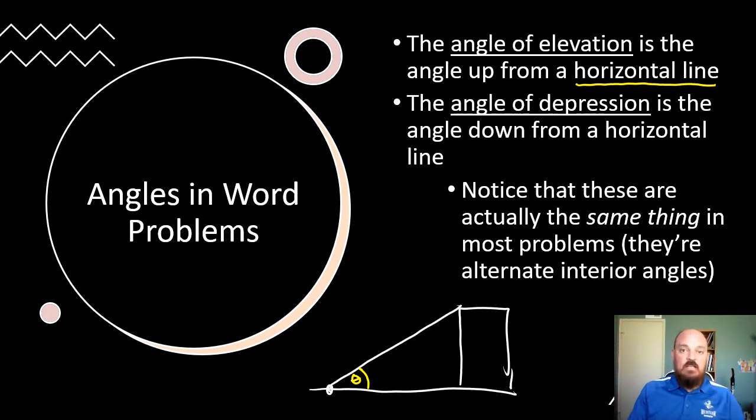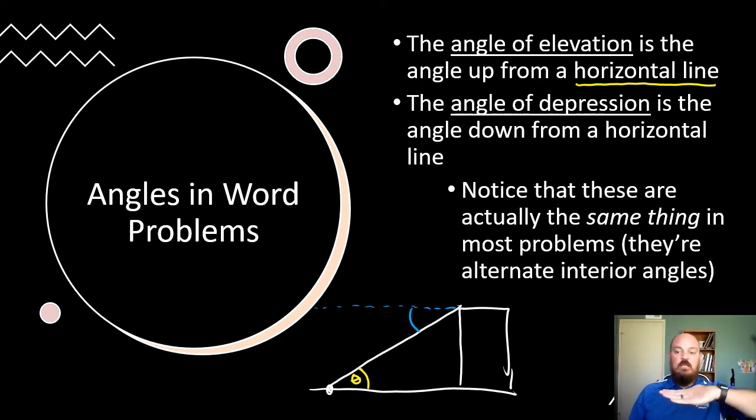Now, if I ask you to measure the angle of depression, here's the common mistake: people go, okay, well that's this angle right here. That's the angle of depression because it's the angle down. But see, that's not measured from a horizontal line. That's not the angle of depression. The angle of depression would be if I imagined this horizontal line here and measured this angle here.